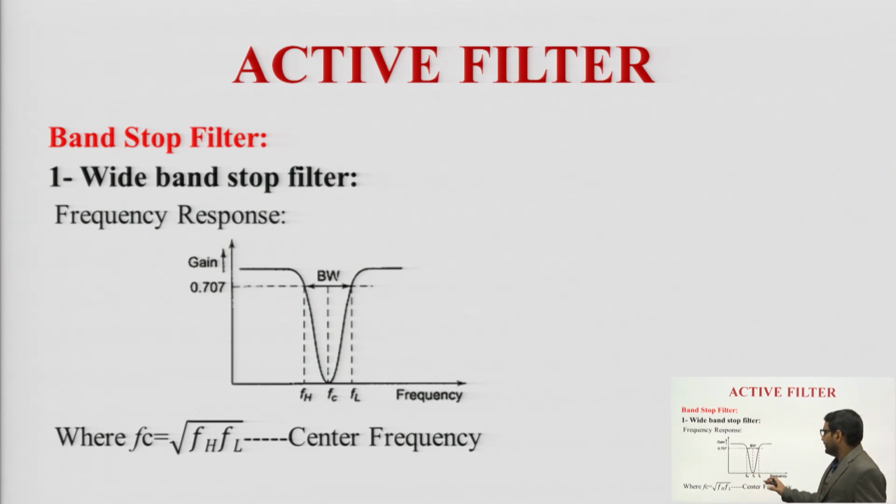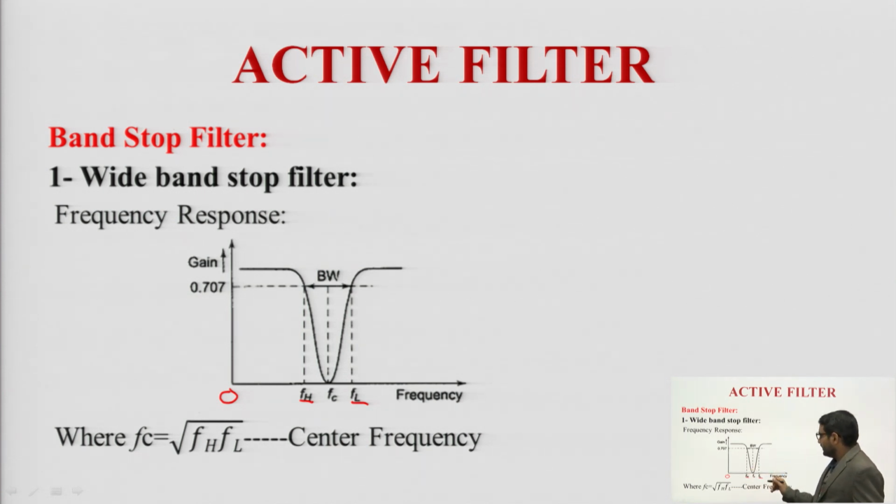Now, next if you consider the response of a wide band stop filter, we already discussed the ideal response, and this is the practical response of a band stop filter. It passes all frequencies where gain is almost constant, defined as the pass band, which passes all frequencies from 0 Hz to the upper cutoff frequency FH, and it attenuates all frequencies between the upper cutoff frequency FH and the lower cutoff frequency FL, and finally, it passes all frequencies above the lower cutoff frequency.